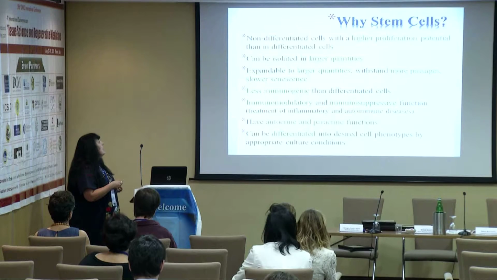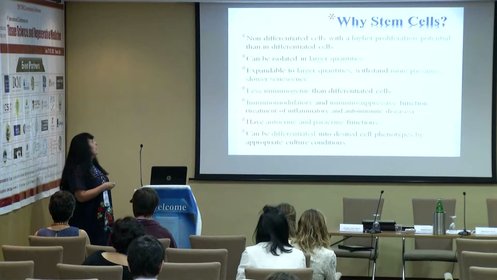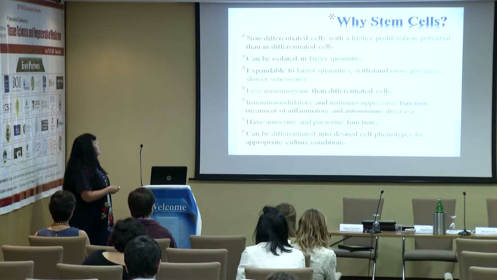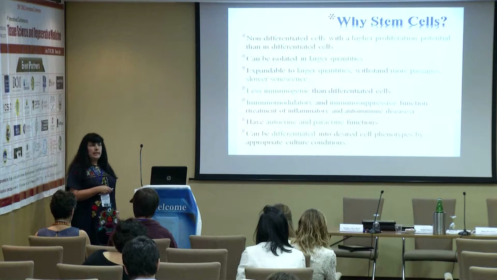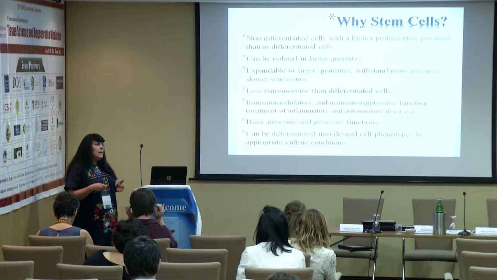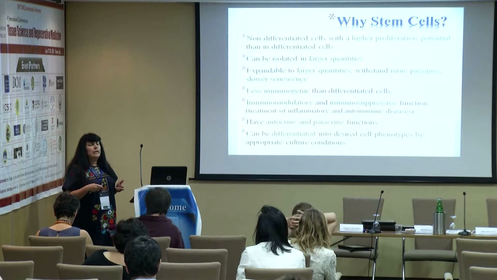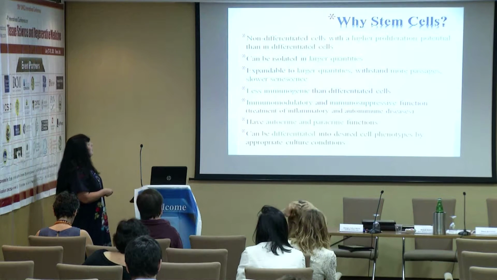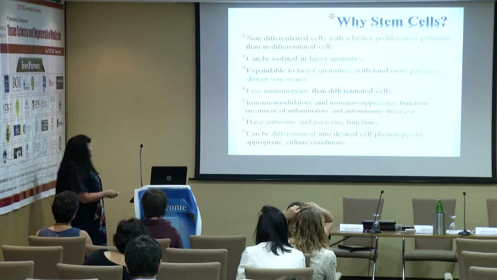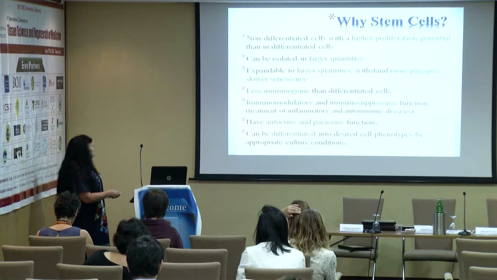For example, they proliferate more quickly, undergo senescence later, and they are less immunogenic than differentiated cells, so they can be applied as allogenic or even xenogenic, and in the literature it is written they can act even immunosuppressively and can be used for treatment of autoimmune diseases.